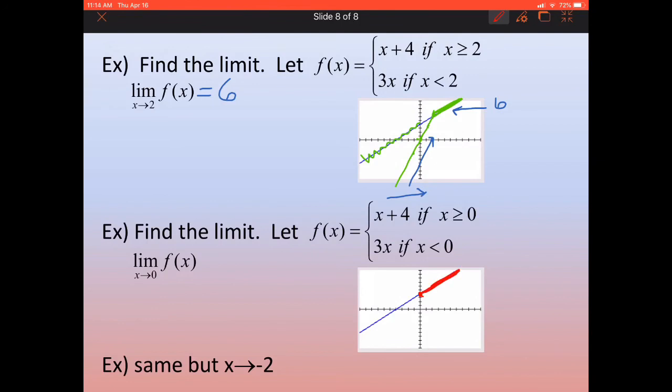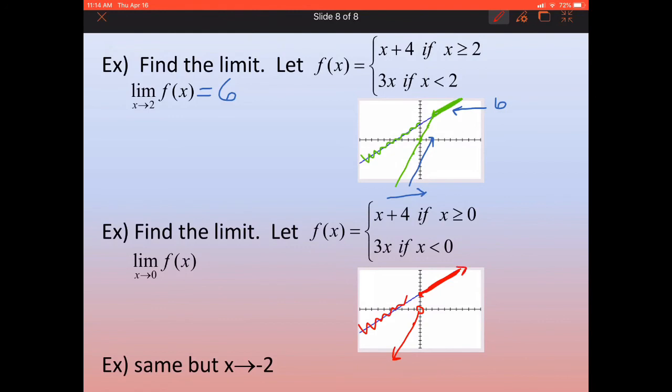So we're looking at the red. For y equals 3x, if x is less than 0, at 0, 3 times 0 is 0, but it's an open circle. And then put in -1, that's -3, so I'm down here. So that's what my graph's going to look like there. All right, so there's my piecewise function.